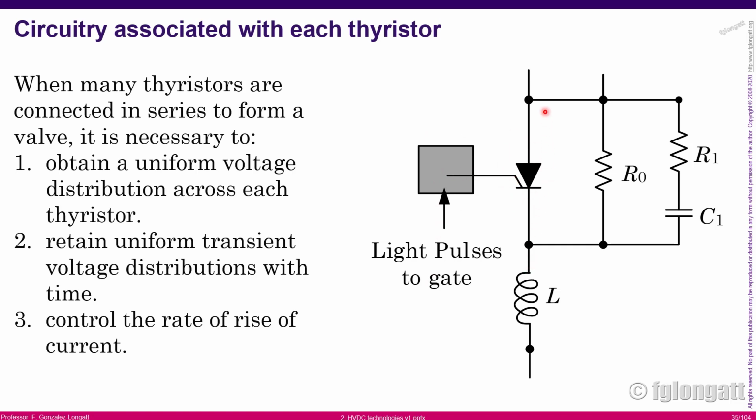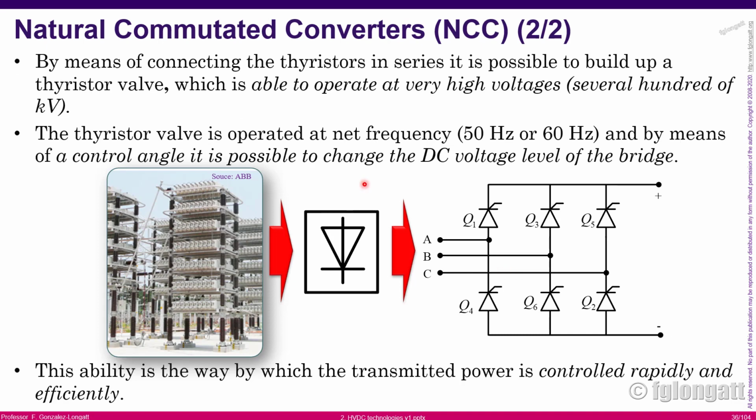Of course, those thyristors have some resistors, capacitors, and inductors, basically for damping and smoothing the signal across those devices, okay? And here you can see how a bridge of natural commutated devices is created, okay?